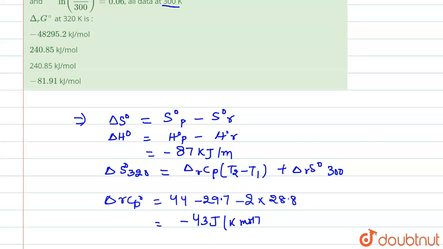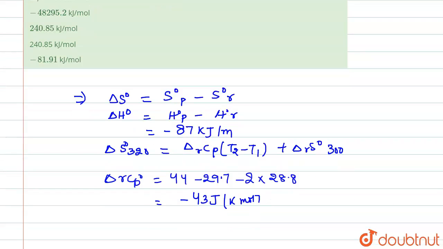So we have all the three values right here, and if we put this value in the equation, finally from here we have the value of ΔrS° at 320, which equals minus 18.58, right?